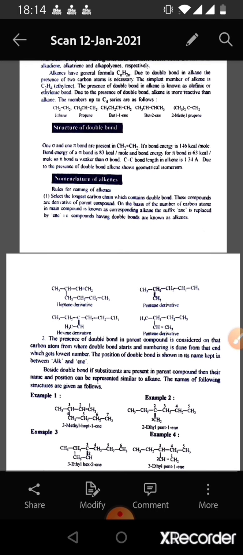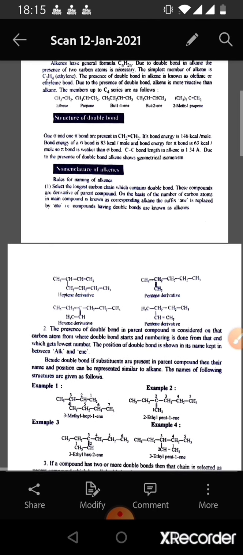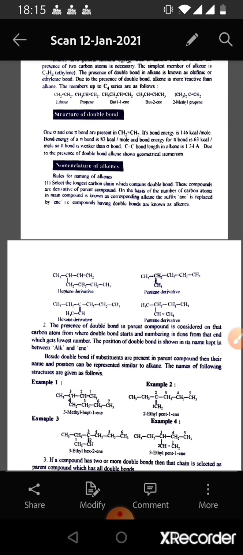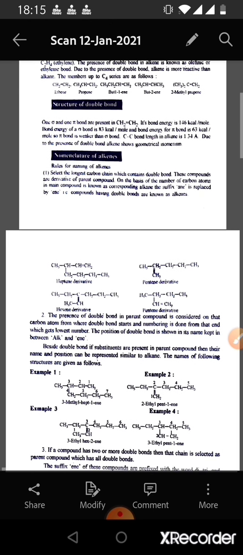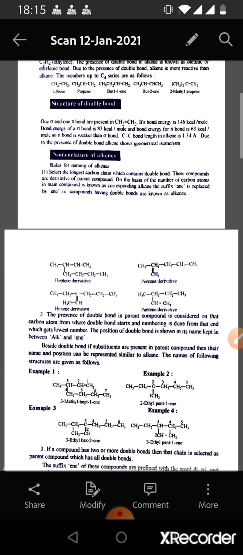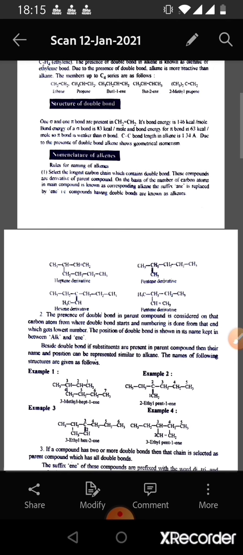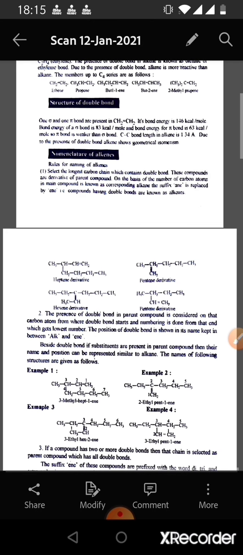The carbon-carbon bond length in alkene is 1.34 angstrom. Due to the presence of the double bond, alkenes show geometrical isomerism. That is, because of the double bond, they cannot rotate about the bond like they can in a single bond. If there is a single bond between two atoms, then there can be rotation along that axis, but due to the double bond, the rotation is restricted.